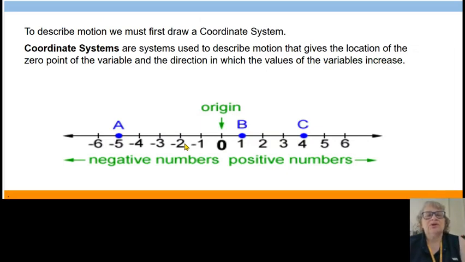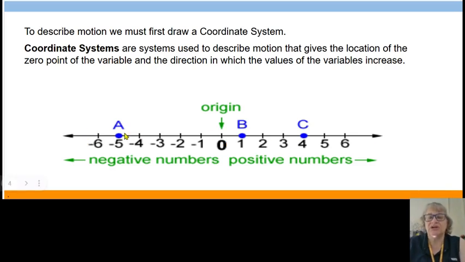To describe motion, we must first draw a coordinate system. Okay, a coordinate system is used to describe motion that gives the location of the 0 point of the variable and the direction in which the variable or variables increase or decrease. So for example, here's a coordinate system.